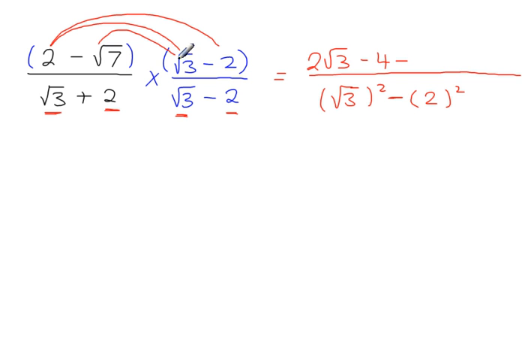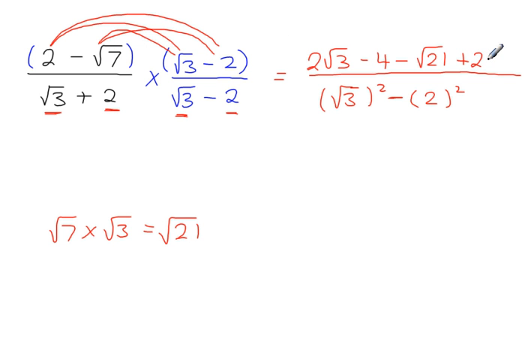Multiplying two surds together, 7 times 3 is 21, I'll get root 21, and root 21 cannot be simplified any further. So minus root 21, and last of all, the minus root 7 times the minus 2. A minus times a minus gives you a plus. Root 7 times 2, 2 root 7.